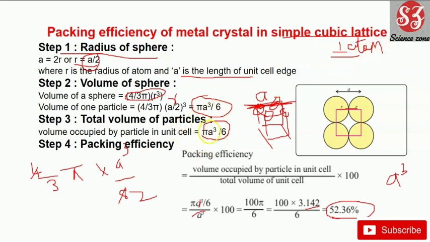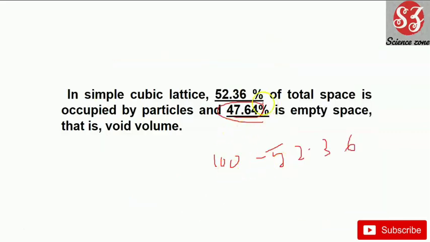Then packing efficiency is the volume occupied by the particles in the unit cell, calculated in step 3, divided by a cube, the total volume of the cube, into 100. If they ask about void, subtract the packing efficiency from 100, and you get the void, that is 47.64. So this was about simple cubic.